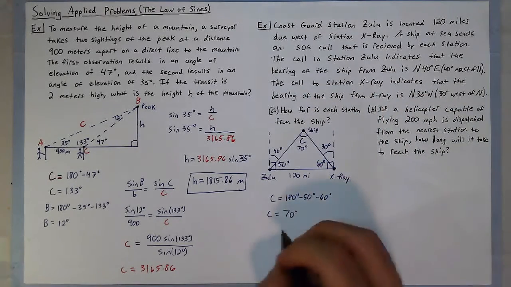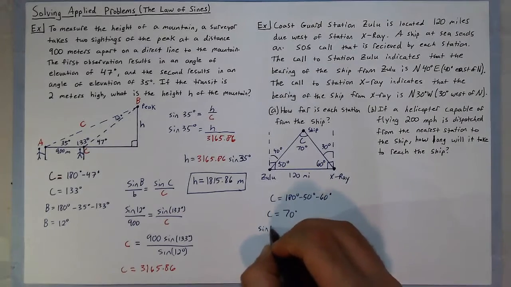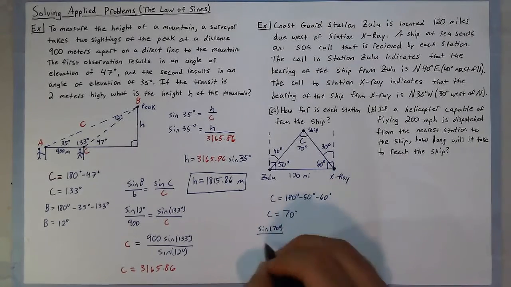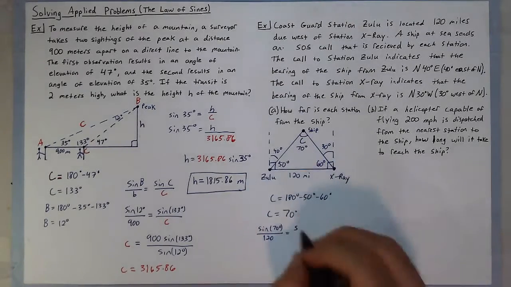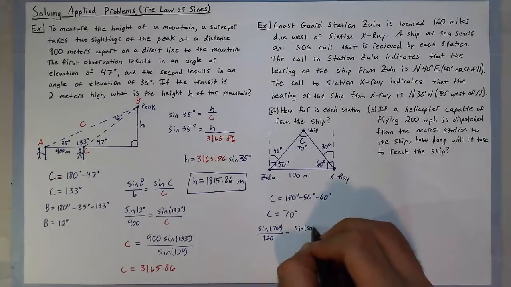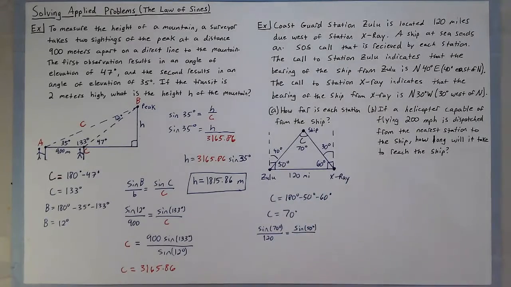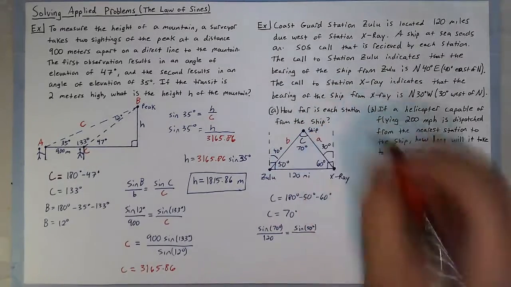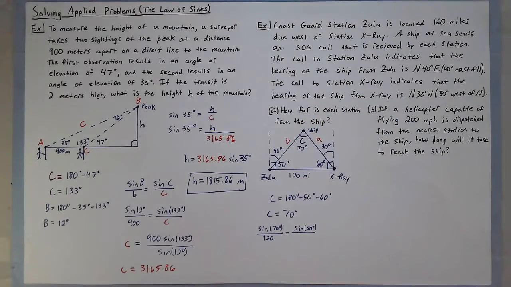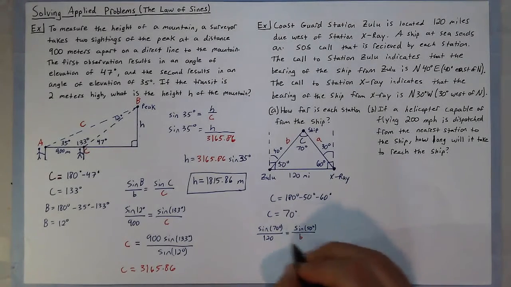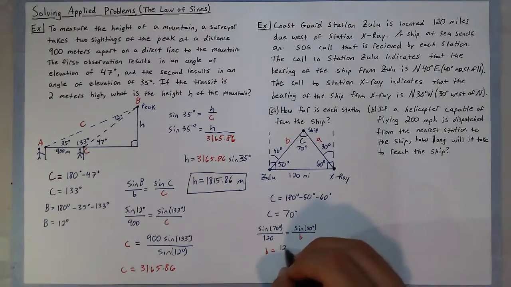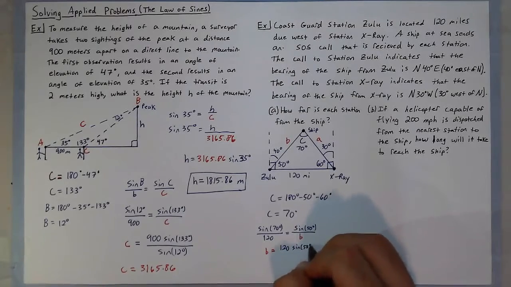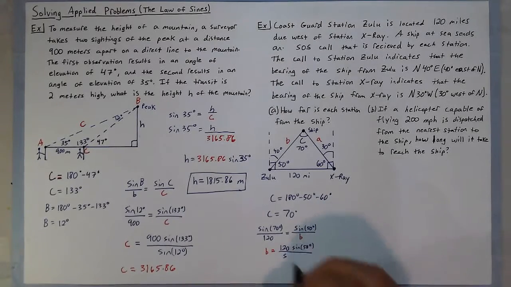So setting that up, I'll see that sine of 70 degrees over 120 miles is equal to, I'll start with station Zulu, sine of 50 degrees over B, that distance. So cross multiply, and we get B is equal to 120 sine of 50 degrees over sine of 70 degrees when I divide by it afterwards.